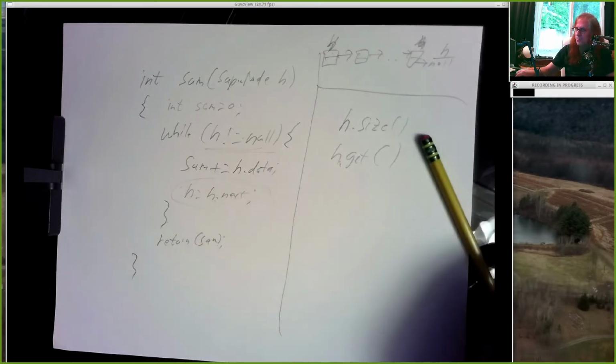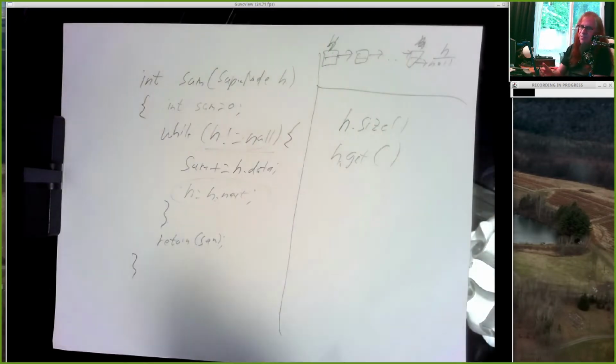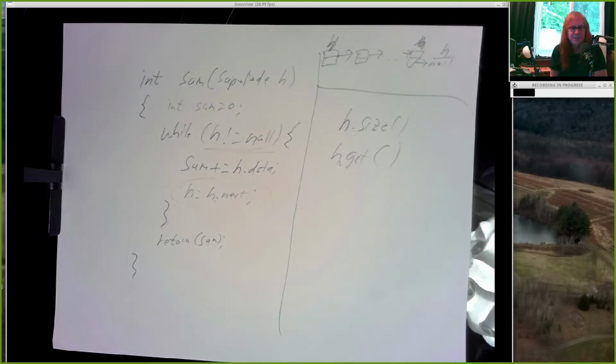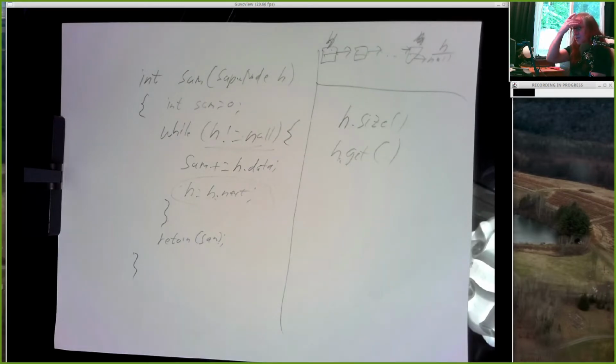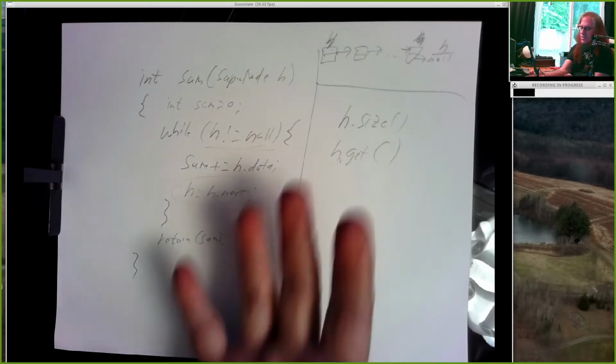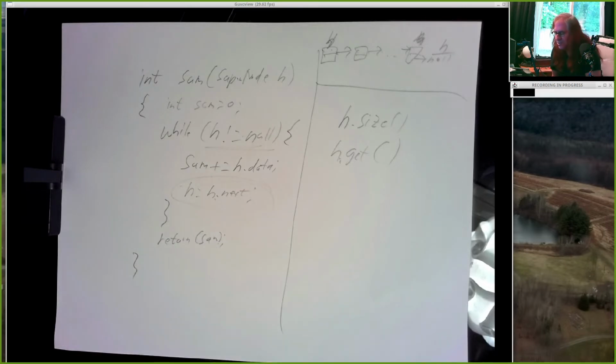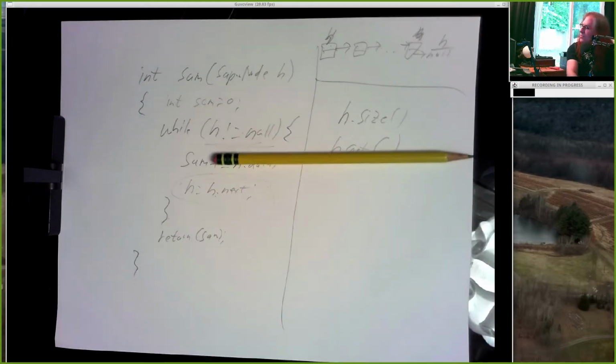If this was an uppercase L LinkedList with angle brackets, then we could use those methods in the linked list class. But this is a handmade linked list. So you've got to do the work yourself of moving down from node to node, and so on and so forth.